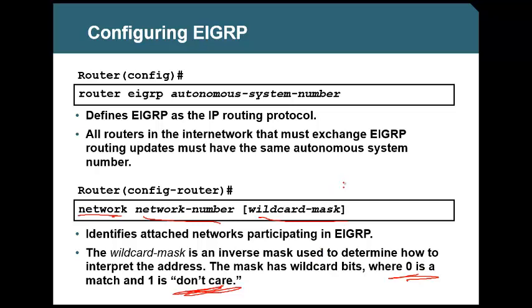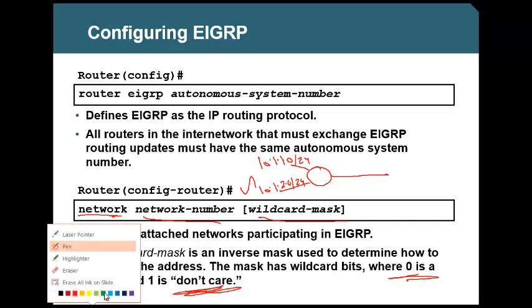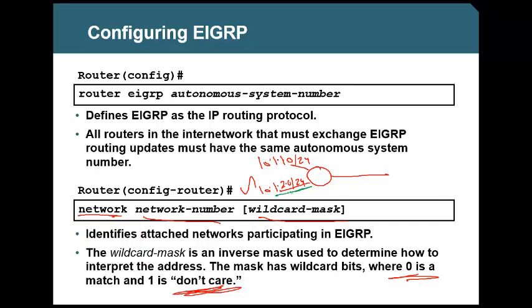For example, I have a router with 10.1.1.0/24 and 10.1.2.0/24. If you wish to run EIGRP only on this interface, only on this link, let's say this link name is E0, you don't want to run it here, only on this one you want to run EIGRP.